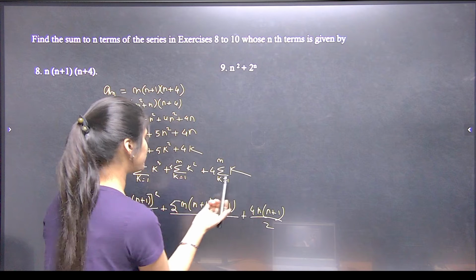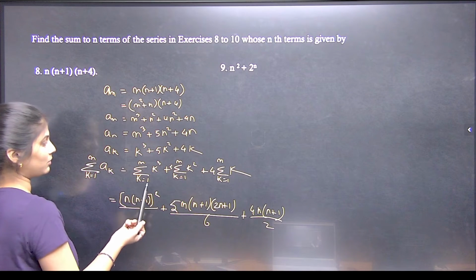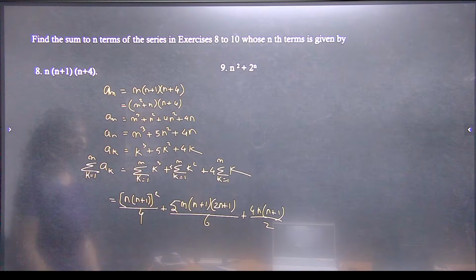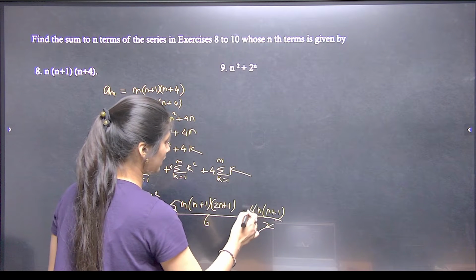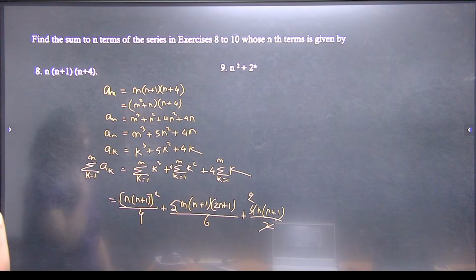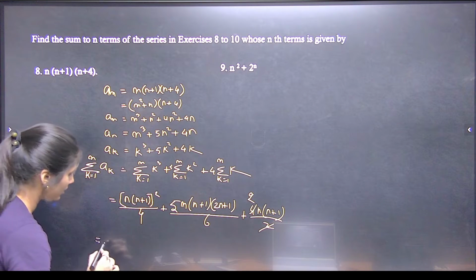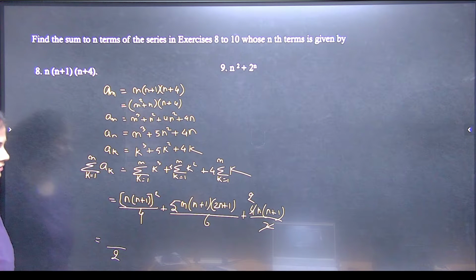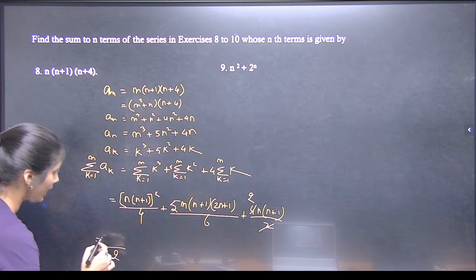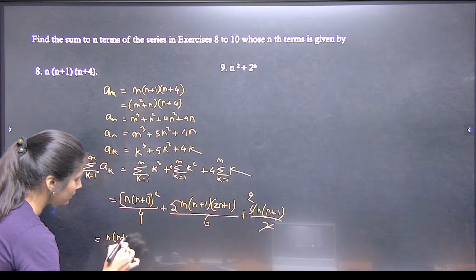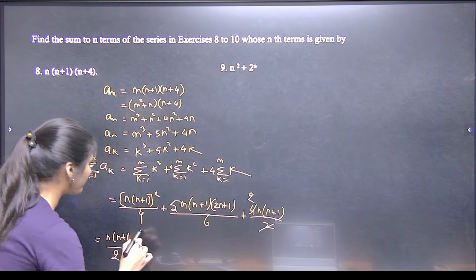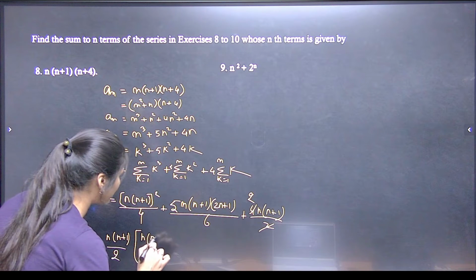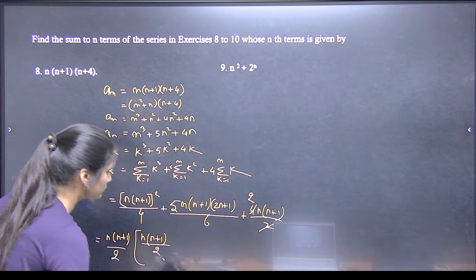Okay, sum of natural number, sum of square of natural number, sum of cube of natural number. Now from these three groups we can take 2 at the denominator and (n plus 1) at the numerator, isn't it? So now we have (n plus 1) by 2.